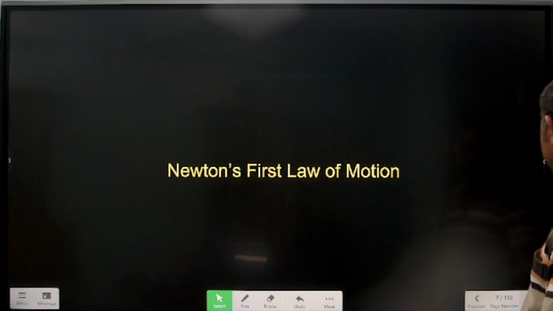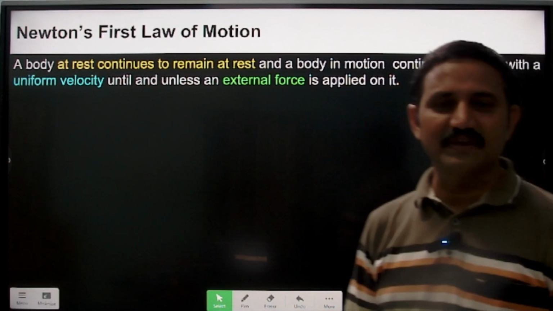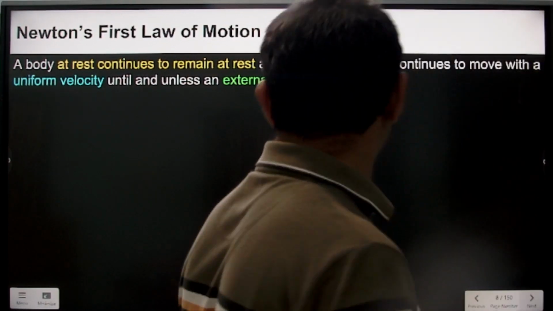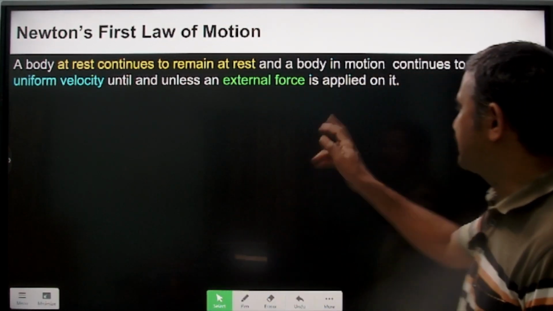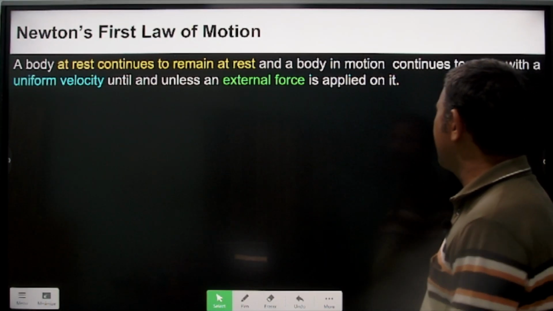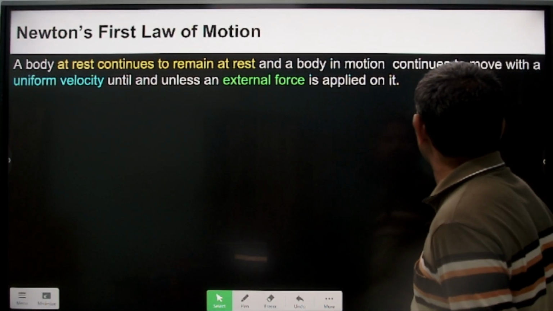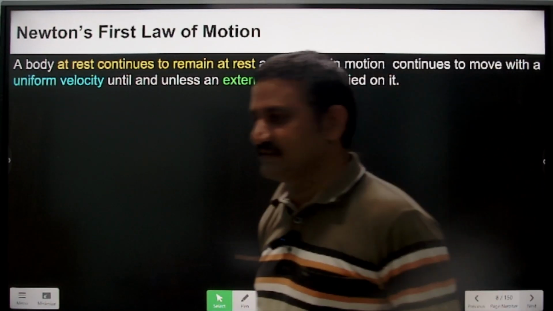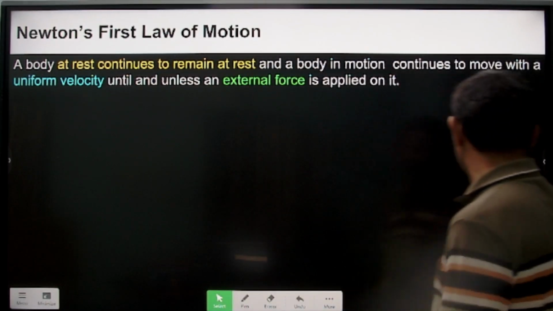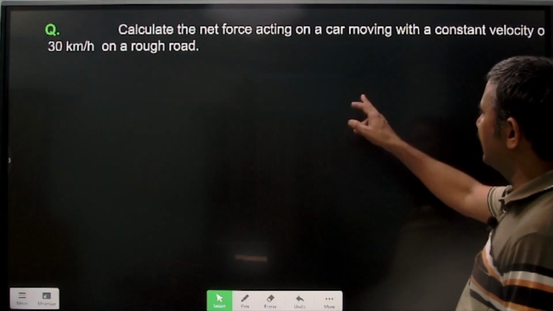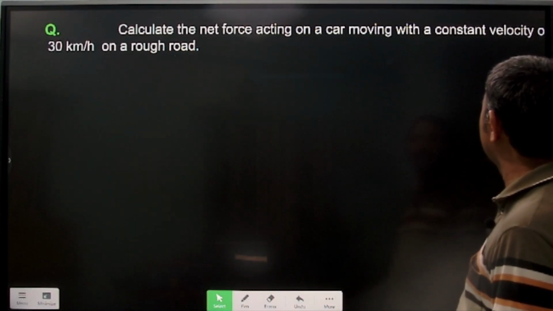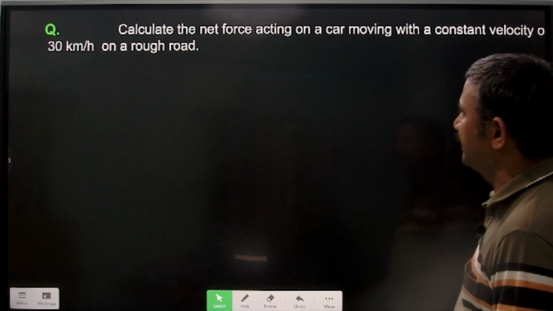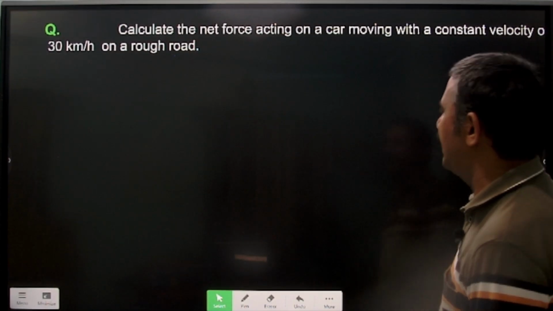What is Newton's first law of motion? Newton's first law of motion says that a body at rest continues to remain at rest, and a body in motion continues to move with uniform velocity until and unless an external force acts on it. Calculate the net force acting on a car moving with a constant velocity of 30 km per hour on a rough road.